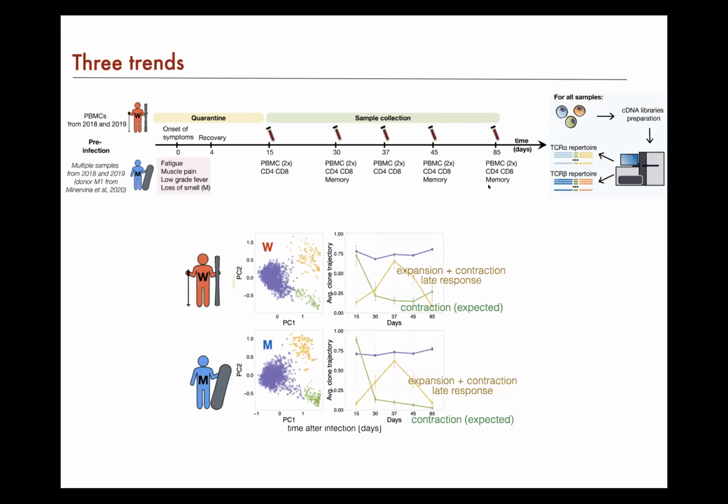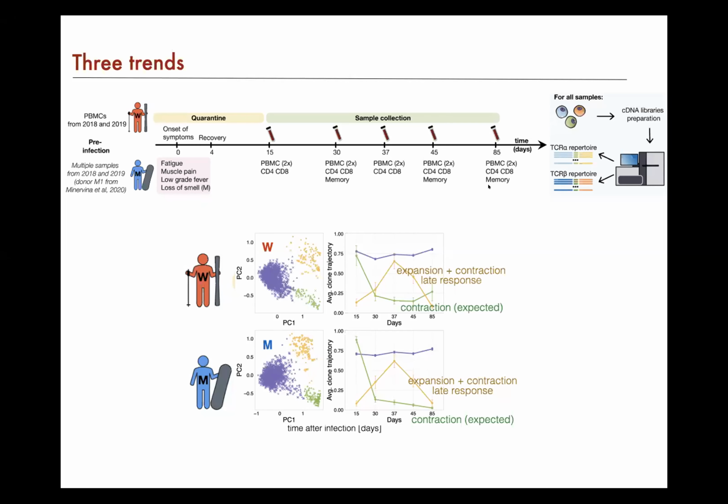But the first thing that we did is we just looked at the longitudinal clonal trajectories, and we did a PCA analysis of the full trajectories, and we identified 3 clusters. The data looks very similar for the 2 donors. There's a cluster where clones have stable frequency over time, so nothing much happens.